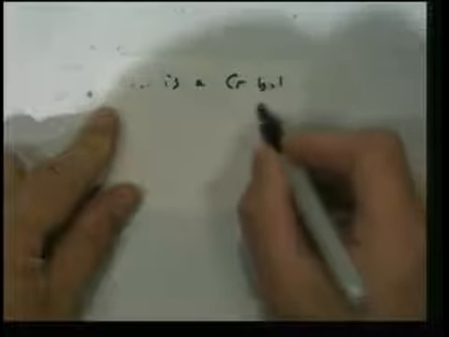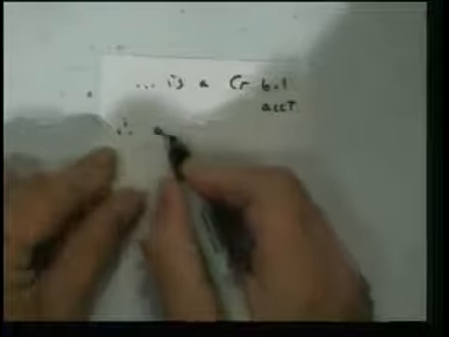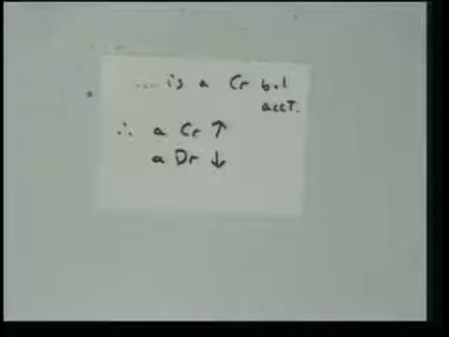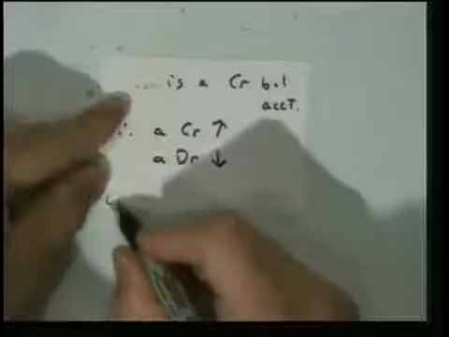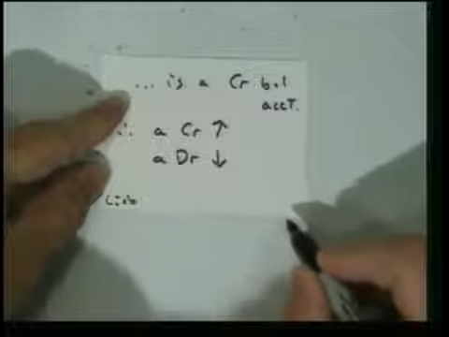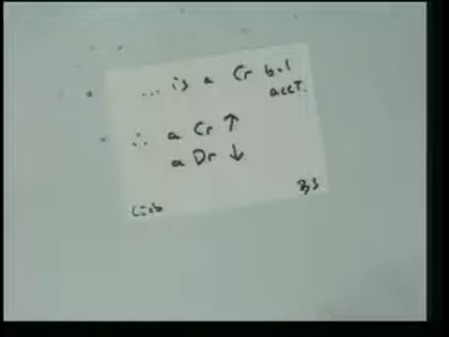And then on the other side, you can say, is a credit balance account. Therefore, a credit increases and a debit decreases. You with me? And then you can say down here if you want, liability, and where does the notes payable go? The balance sheet, correct?